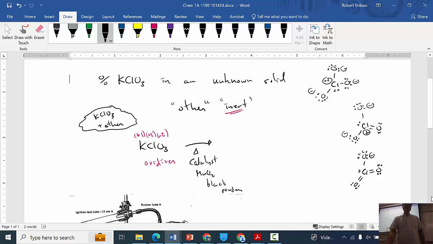Which one's more electronegative, the oxygen or the chlorine? Oxygen's more electronegative, and so oxygen doesn't want to give up its electron. Remember, oxygen is happy as is at -2. But chlorine's pretty unhappy because it wants 6 electrons.